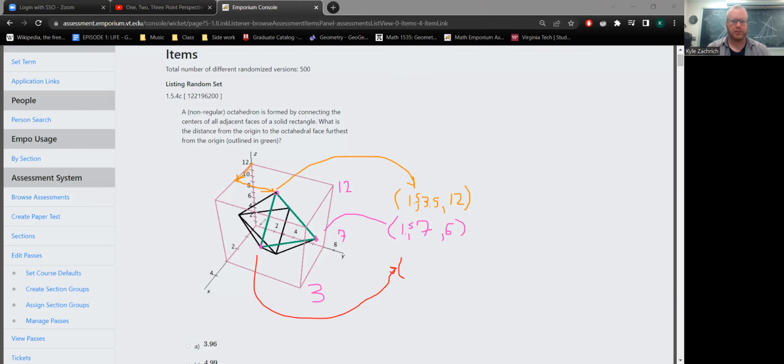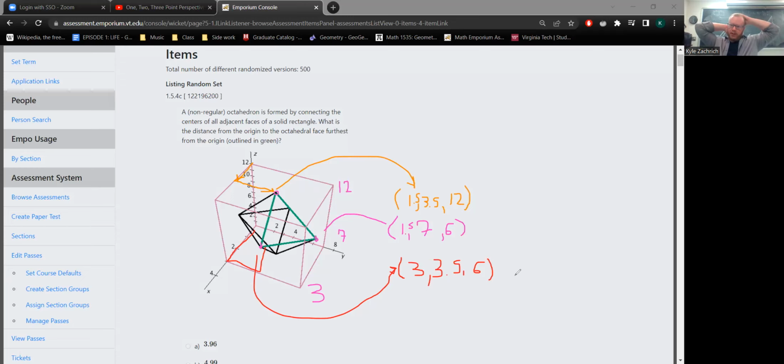And then this point here goes all the way out to 3, halfway. So we get 3, 3.5. And 6. Okay.